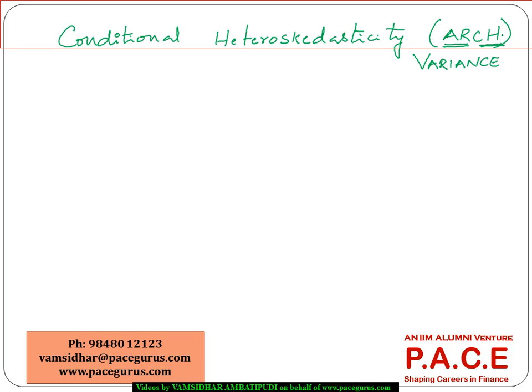So the typical assumption, again, is that the variances need to be constant. Till now, if the distribution needs to be covariance stationary, we said that the expected values or the means need to be constant, which means there should be some kind of mean reverting behavior in the data.